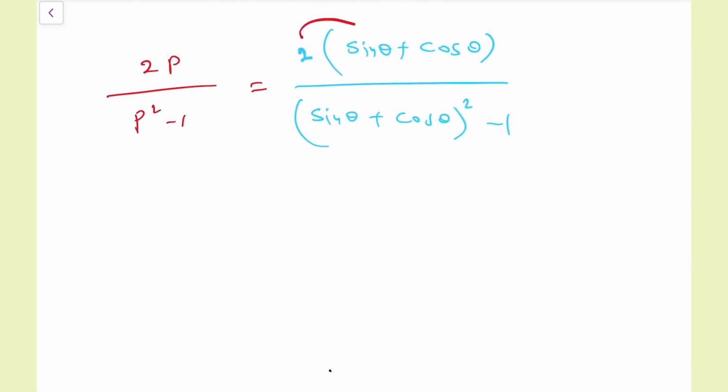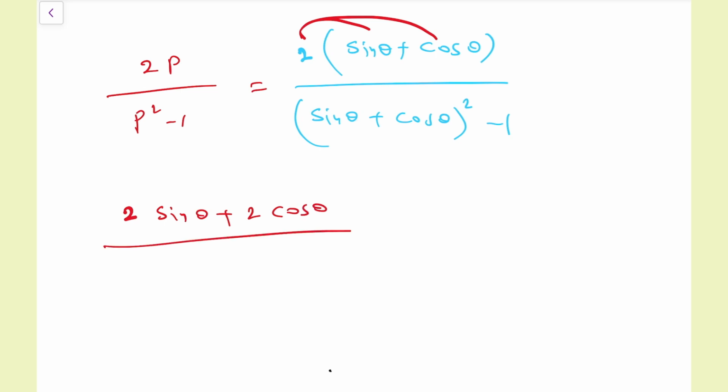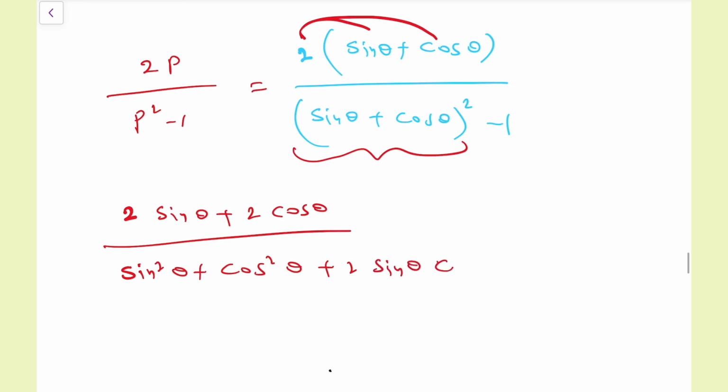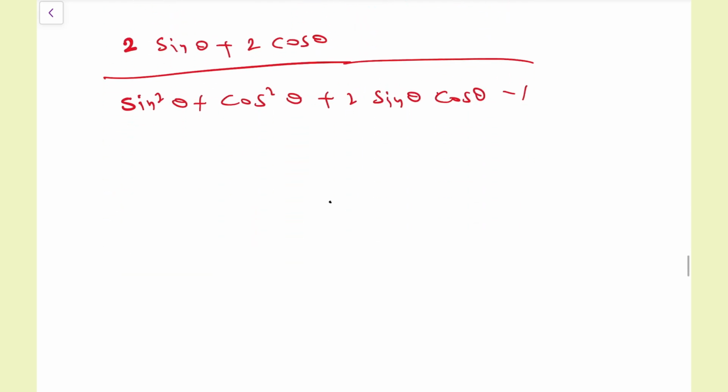Now 2 into sin theta, 2 sin theta plus 2 into cos theta, 2 cos theta, whole divided by sin theta plus cos theta whole square. It is in the form of a plus b whole square. So if we expand it, sin square theta plus cos square theta plus 2 sin theta cos theta minus 1 as it is. I cannot do anything to the numerator, so I am writing it as it is.